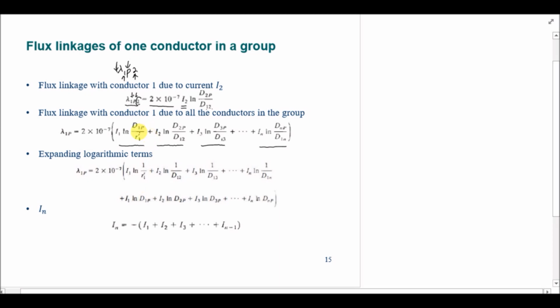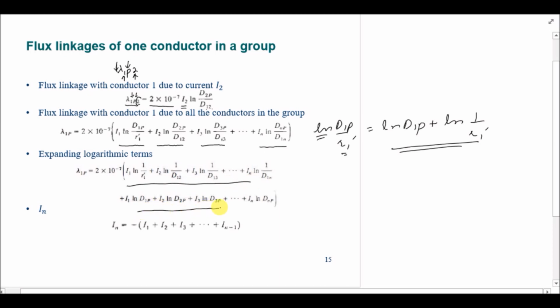If this is ln d1P over r1 dash, we can write it like ln d1P plus ln 1 over r1 dash. So we have two multiplying terms in this natural logarithmic term, so we can write it in the form of a summation. This is the expansion that we have: we have just expanded it into two terms.